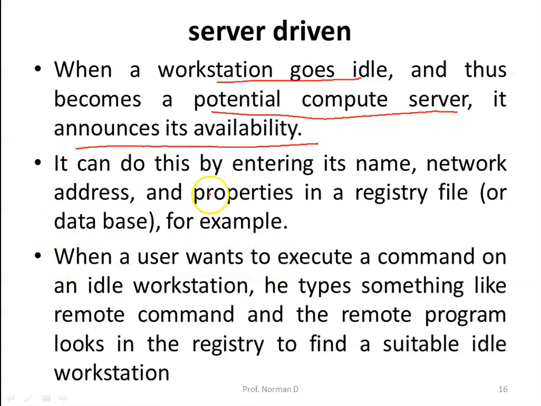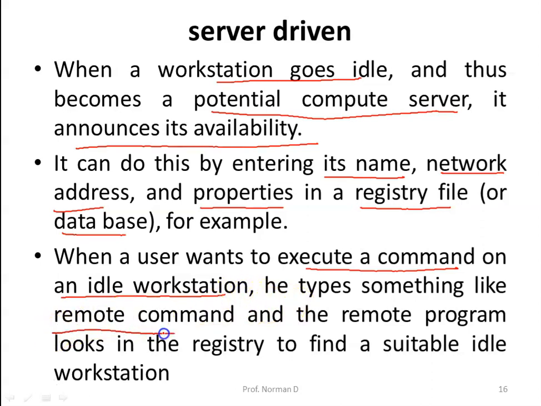It can do this by entering its name, network address, and other properties in something called a registry file. We'll assume this registry file as a database. Now when other users want to execute certain commands on this idle workstation, they will type something like a remote command, and this remote command looks into the registry to find a suitable idle workstation for the required job.